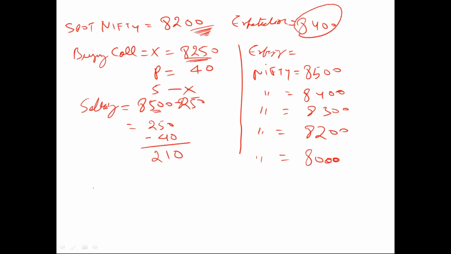Now, in the second case, let's say I am selling when the market is at 8,400. I bought at 8,250, so 150 is my profit or payoff. The premium I paid was 40, so in the second case my profit will be around 110.